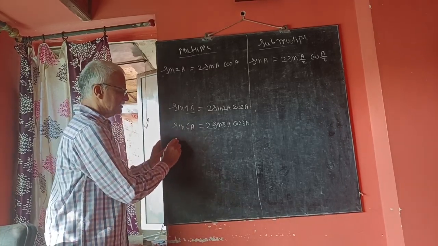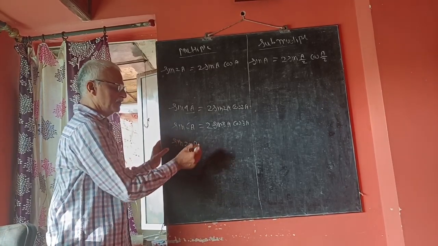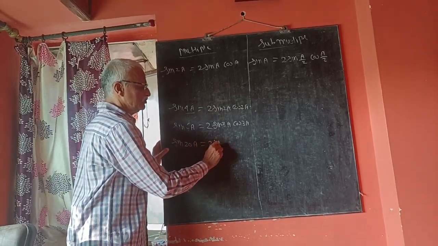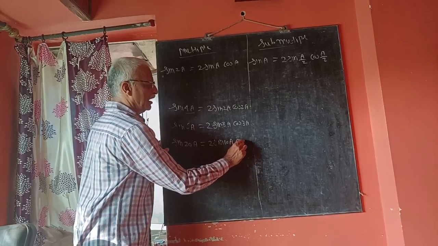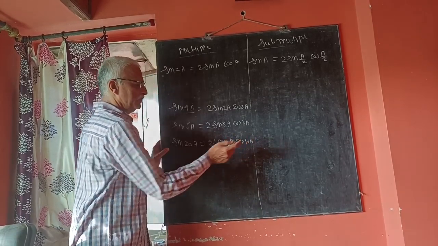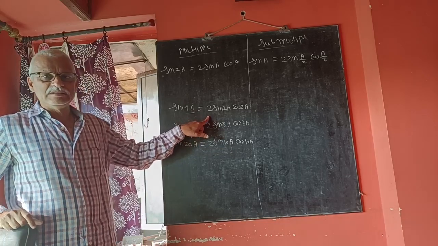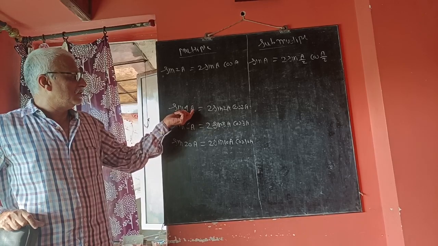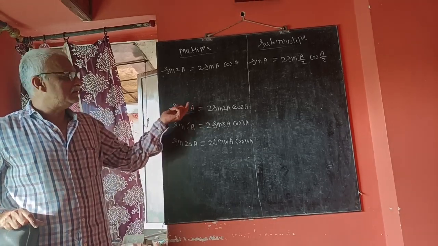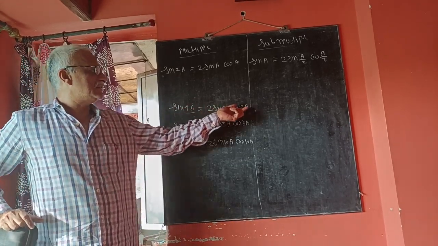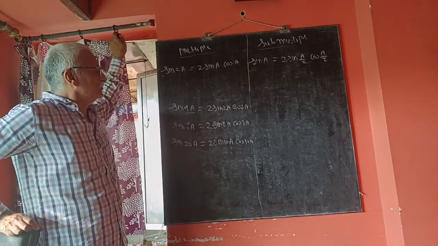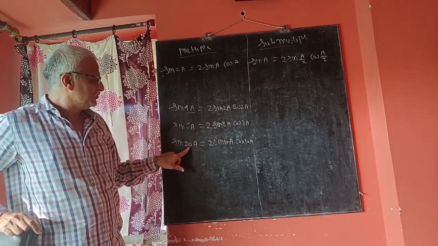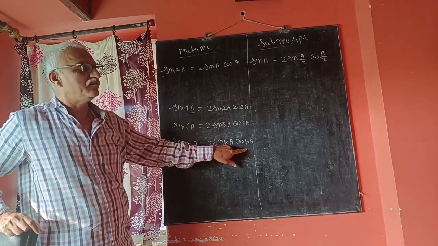Suppose there is sine 20A, then the formula will become 2 sine 10A into cos 10A. The idea is the same: whatever the angle is given on the left side, that becomes half on the right side. So here 2A, here it is A also. Now 6A becomes 3A, 3A, 20A becomes 10A, 10A.